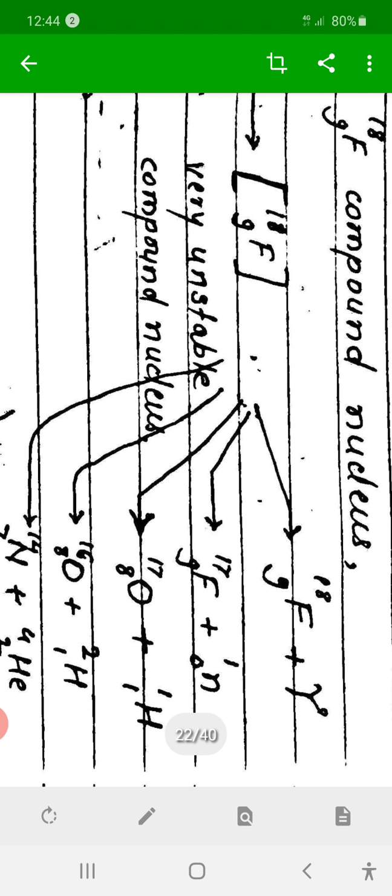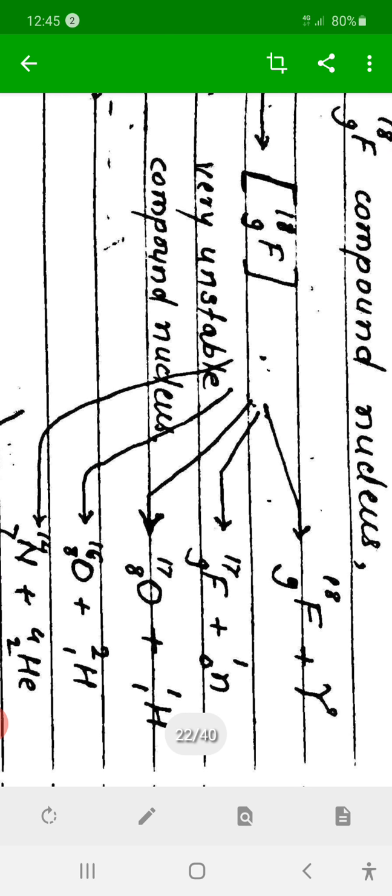That compound nucleus decays in different ways. The first way: the compound nucleus, fluorine-18 (9F18), is converted into fluorine-18 with loss of gamma radiations. Only energy is lost, in the form of emission of gamma radiations, and the charge and number of nucleons remain as they are.